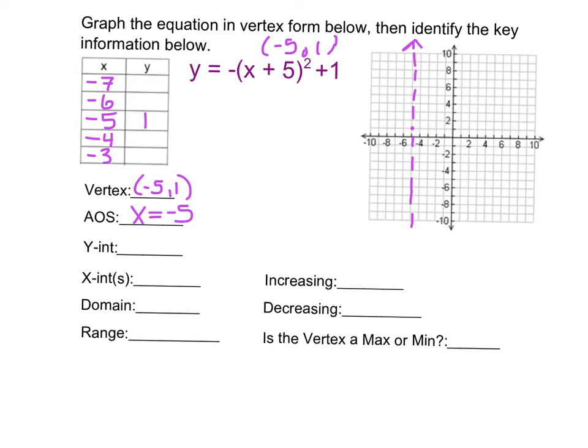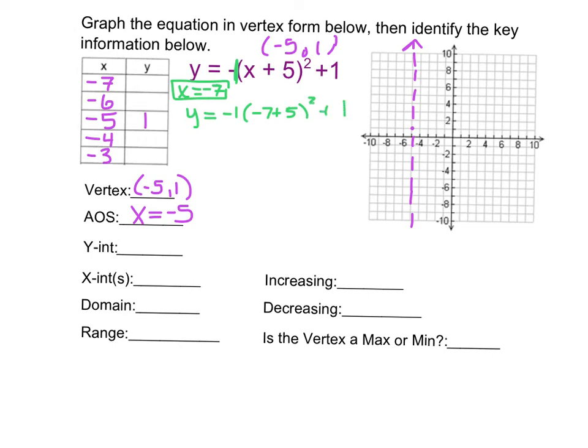So remember, from here you have a couple of options. You can either plug them into your calculator or calculate them by hand, and you should expect to see some symmetry. So I'm just going to calculate some by hand quick here because I can do that pretty quick. So x is equal to -7. Well, I know that this is a -1 out in front here, so I have y equals -1 times (-7 plus 5) squared plus 1.